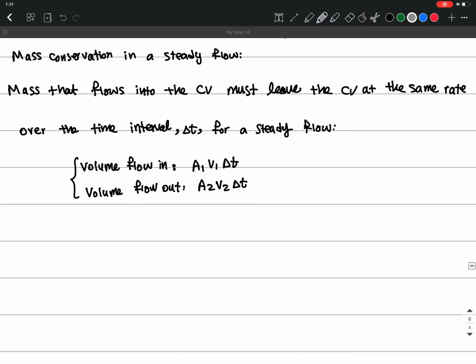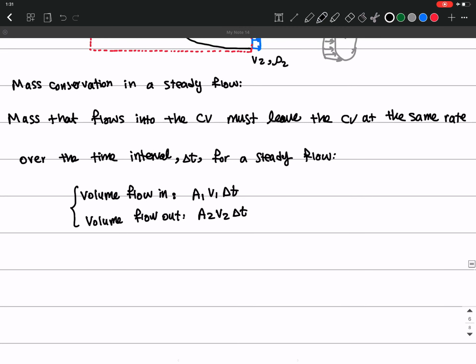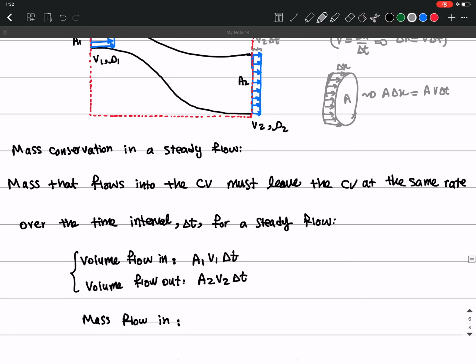So now let's calculate the mass flow in. In order to get the mass, you need to just multiply rho, density, by volume, right?